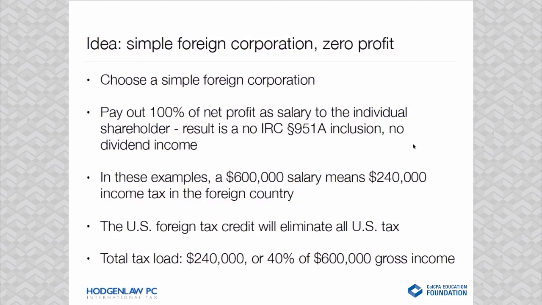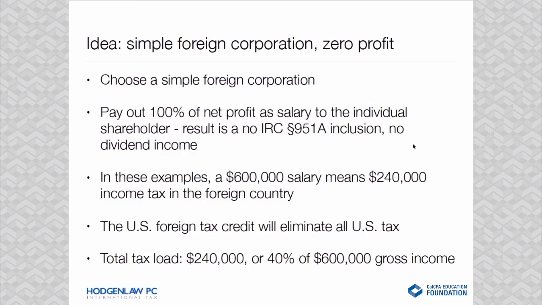What does it do in the U.S.? Well, there's no Section 951(a) inclusion, right? Because zero net taxable income, so nothing to pass upstream to the shareholder. You don't have to fuss around with the foreign tax credit because no tax was paid in the foreign country.